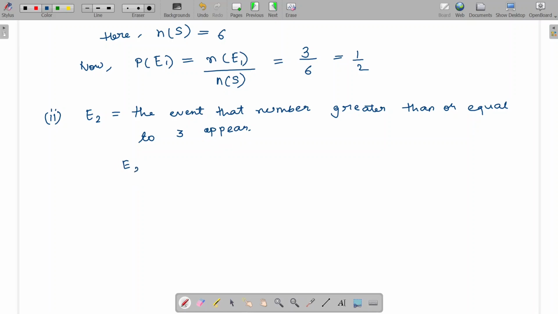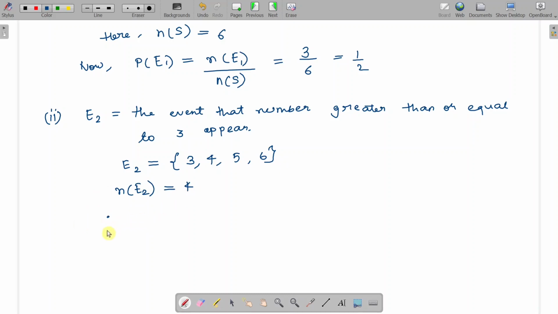That means E2 will be 3, 4, 5, 6, right? So this is a number equal to or greater than 3. So that means n of E2 is equal to 4.